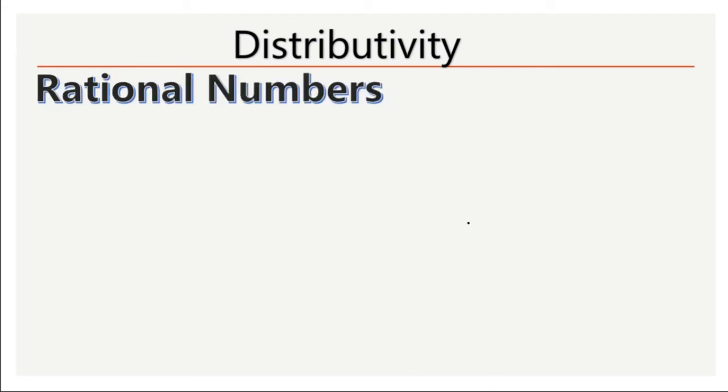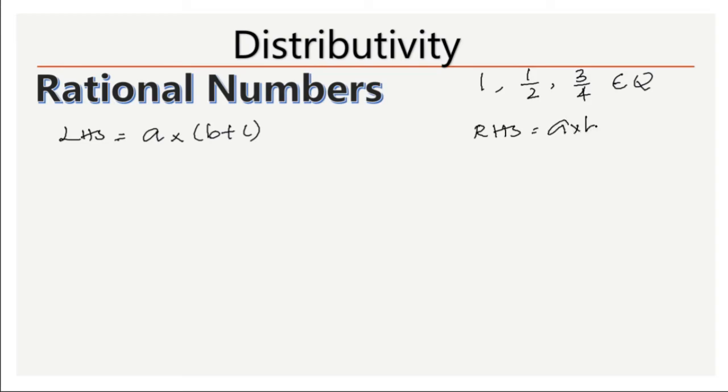Let's do the same thing for rational numbers also. Let me consider 1 as one of the rational number, 1 by 2 is another rational number, 3 by 4 as another rational number belonging to the set of rationals. Let me verify the left hand side, a into b plus c, and the right hand side is a into b plus a into c.